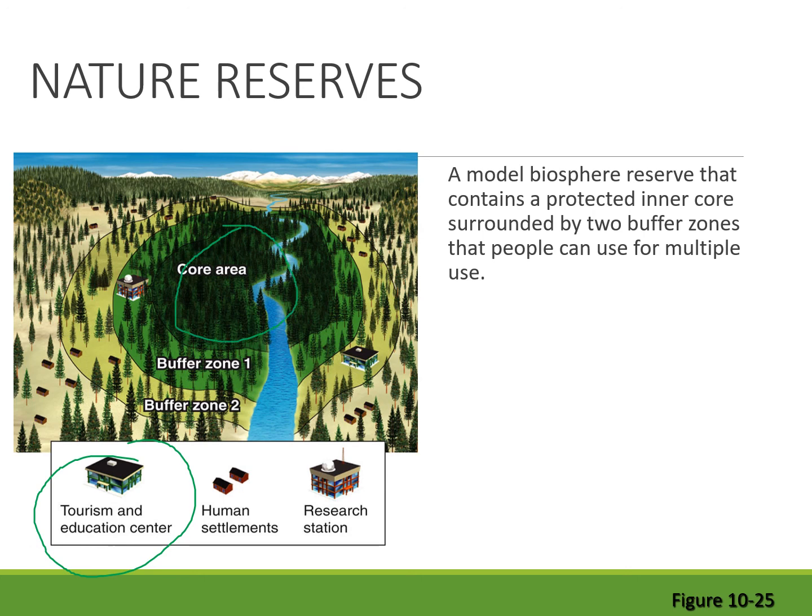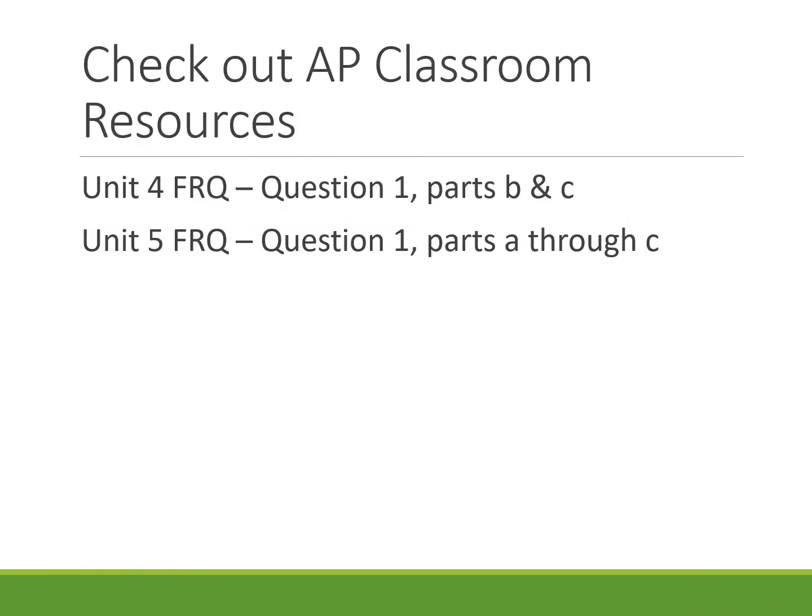You don't cut down trees, you don't build roads, you just let nature do its thing. Then going outwards, you slowly maybe have a little bit of a buffer zone, and then cities, where people live. So it's kind of trying to keep people out of that core area. Then you would also have some tourism that might bring some money into the area, so people are living in less poverty. Some ideas, and this is also in your book.